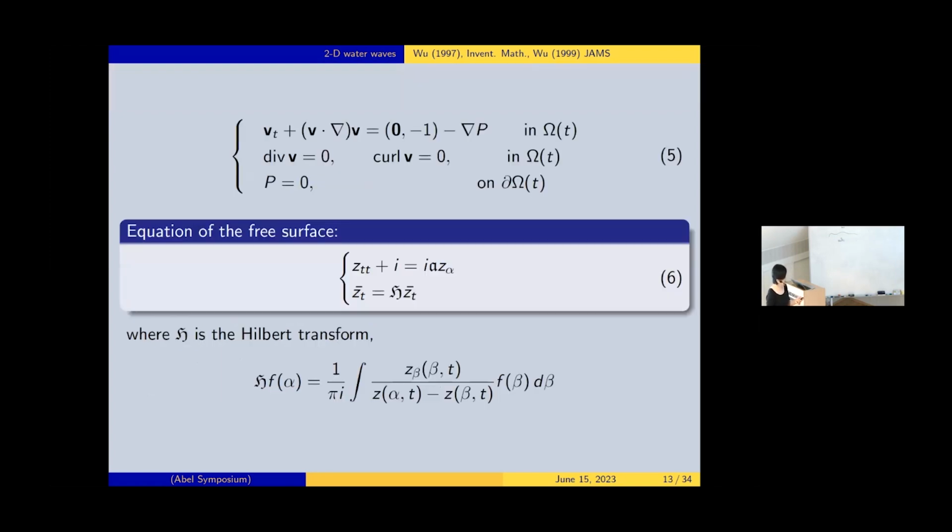Now we go back to this Euler equation, the free boundary water wave equation. The left-hand side is acceleration, which is really just z_tt, the 2-time derivative of the particle trajectory on the interface. Then gravity moved to the left-hand side becomes positive i, and negative gradient P is just iA z alpha.